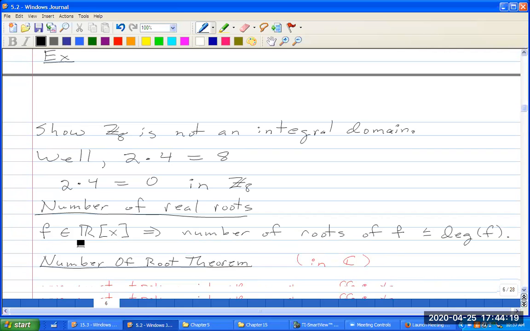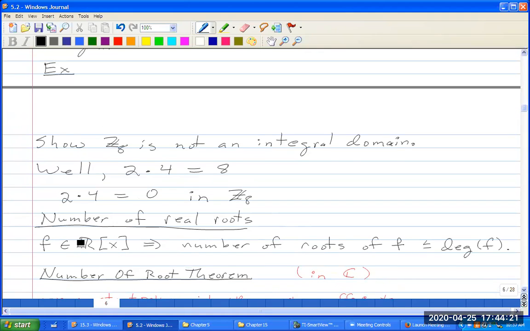Okay, so let's look at the number of real roots. Now, instead of looking in general at an integral domain or things that aren't integral domains, let's look at the real numbers.